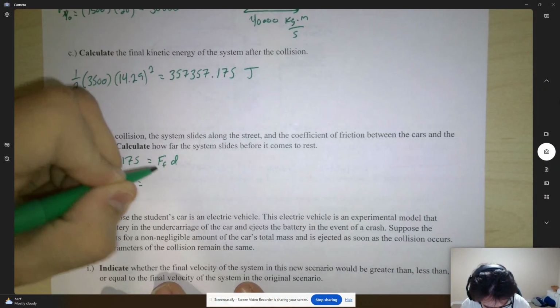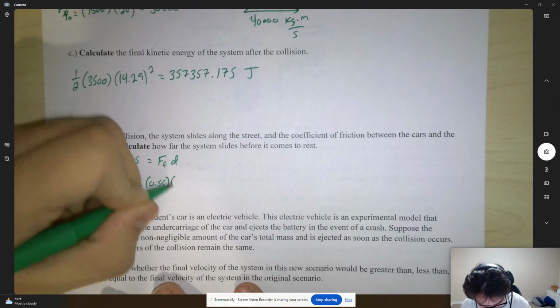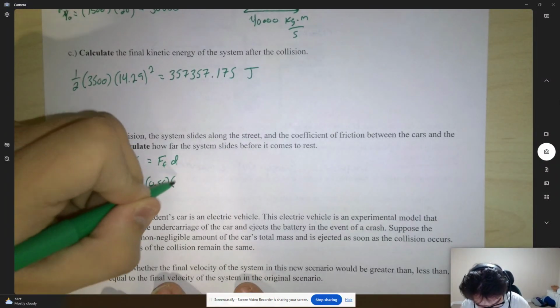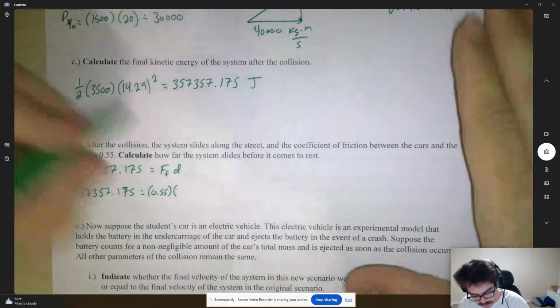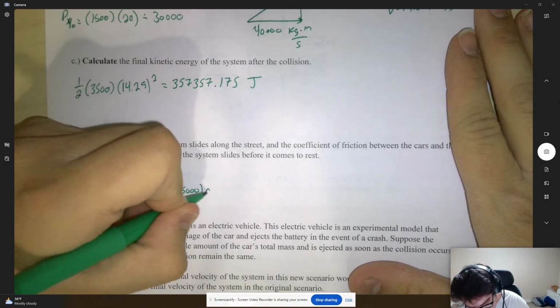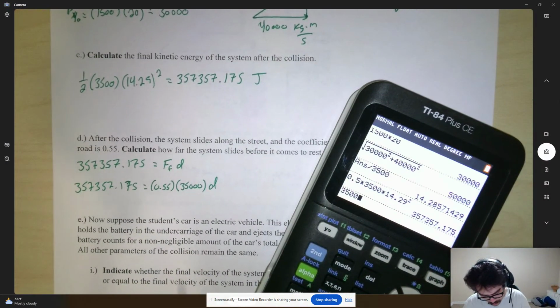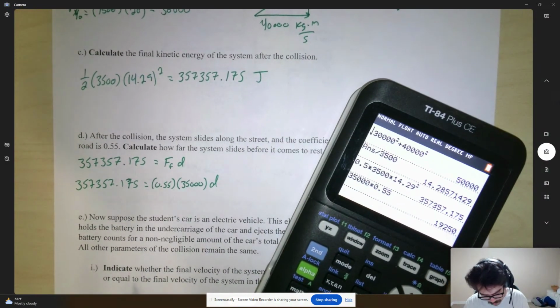So 357.175 equals mu, which is 0.55, times m, which is 3,500, and then I'm going to multiply that by g, so it's going to be 35,000. And then the distance is what I'm trying to solve for. So let me calculate that, right? 35 times 0.55. Okay, there's that.